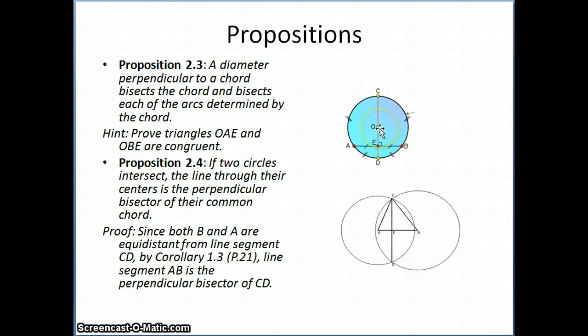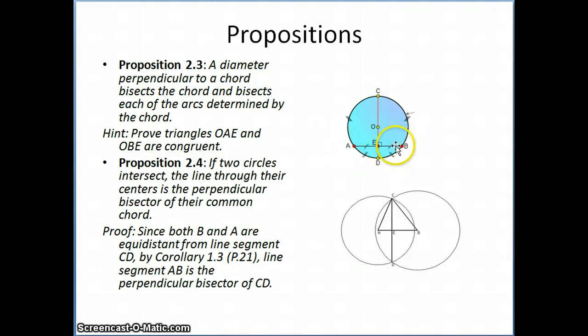The radius is always the same, fixed, so AO and BO should be congruent to each other, and also they share a common side OE, and the angle between AO and OE is equal to 90 degrees minus OAE. And the angle between OB and OE, this angle is also equal to 90 degrees minus OBE.